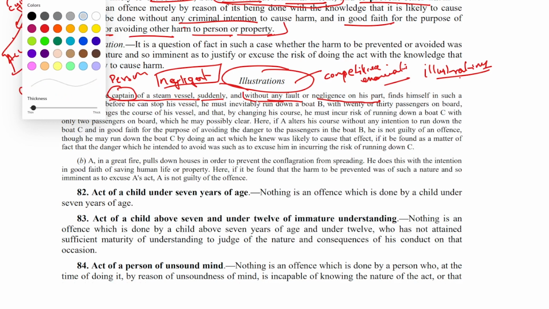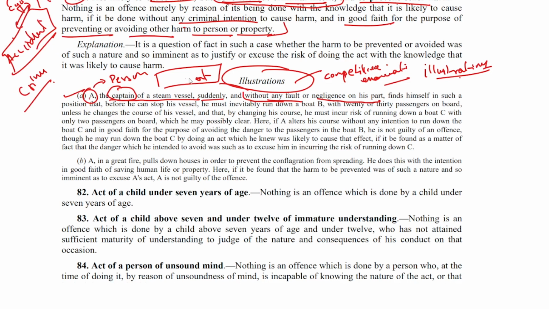We cannot take the excuse that, okay, there was this negligence. We cannot say that we were driving at a speed of 180, and there was a situation where on the right-hand side there was a cyclist and on the left-hand side there was a bus, and because of the high speed we were not able to stop the truck, and rather the truck hit the bus or maybe the cyclist, and because of that incident the people sustained injuries.